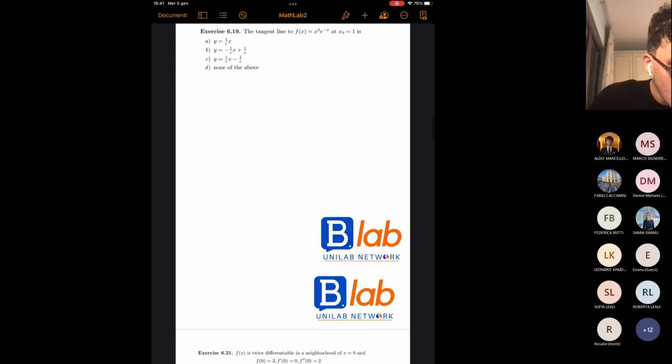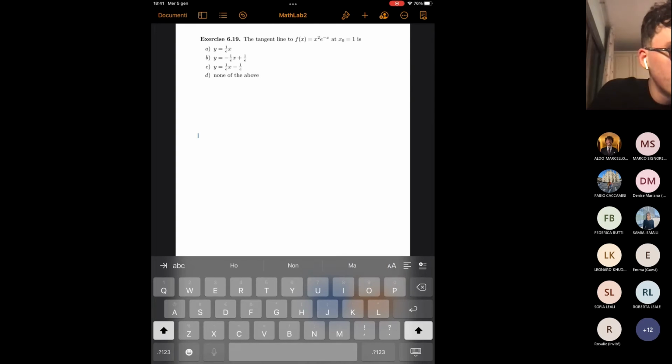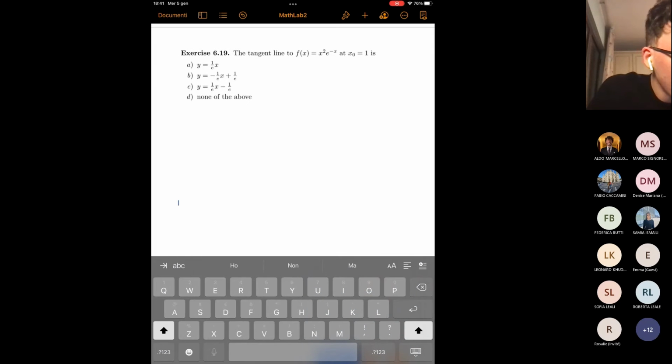But of course we also need to revise something else. In this case we have another exercise about the differentiability of a function. Specifically, we have to calculate the tangent line of a function.